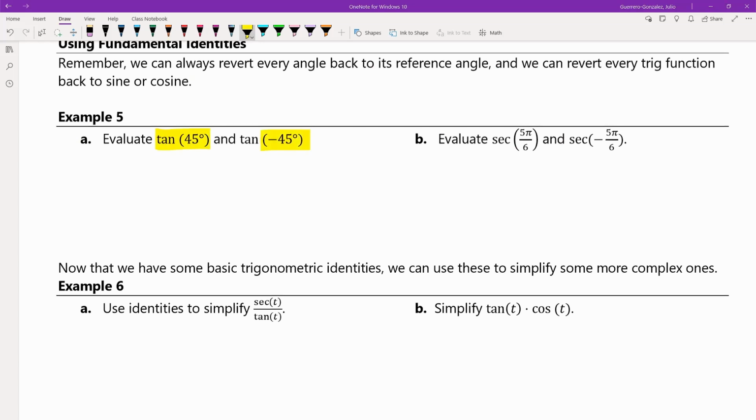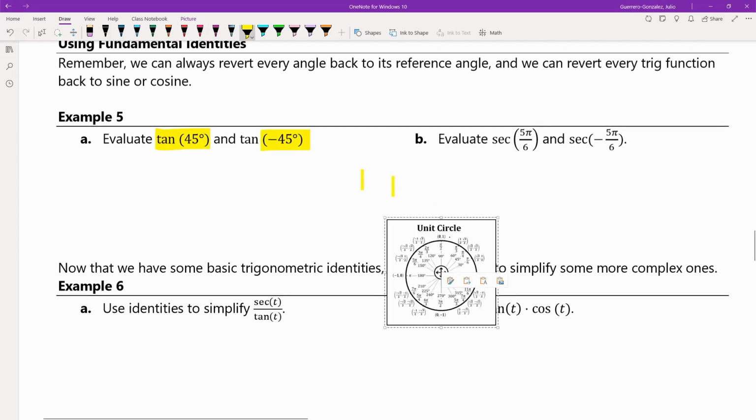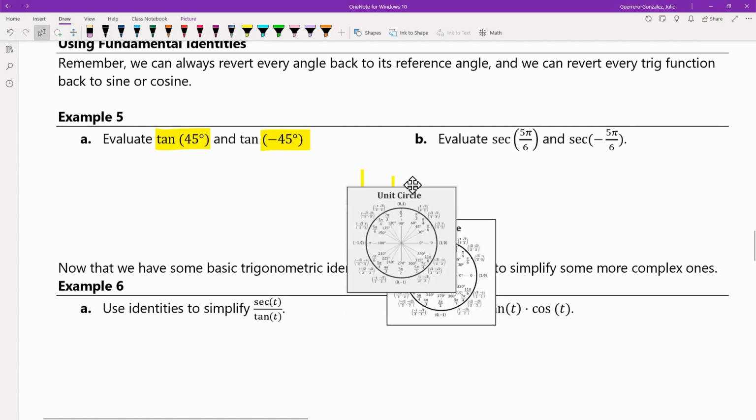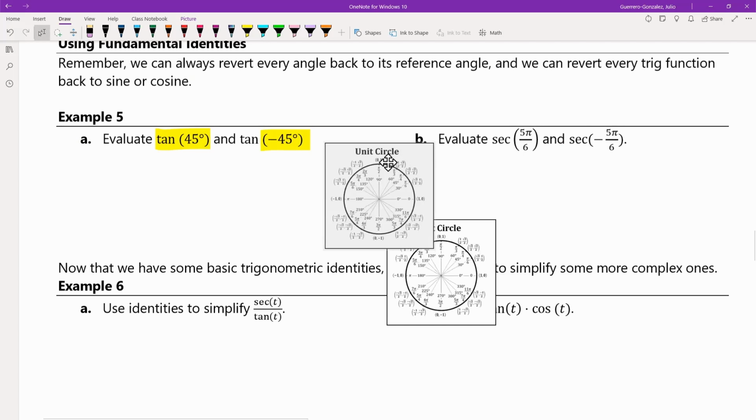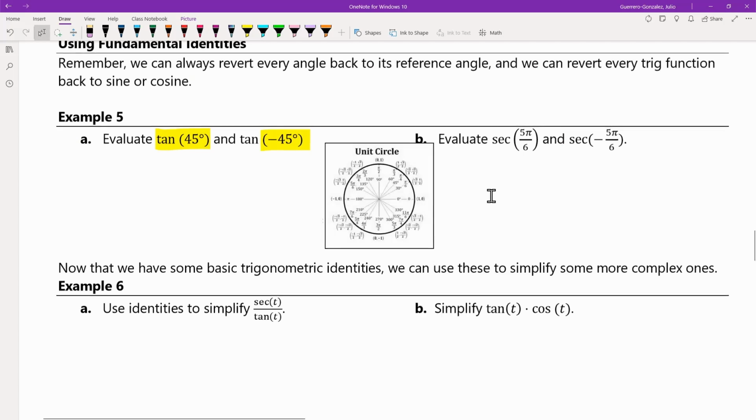So first of all, let me do this again. I'm going to grab my unit circle, throw it in here. Okay, here's my unit circle.